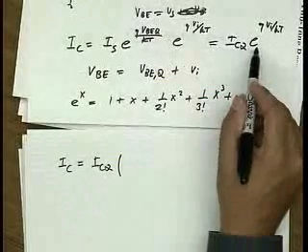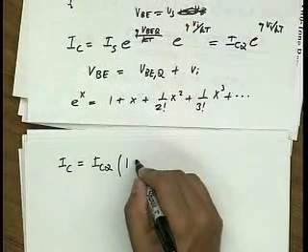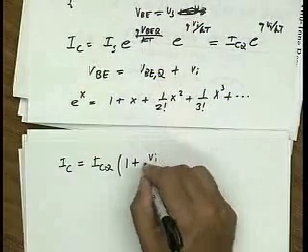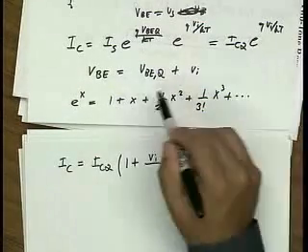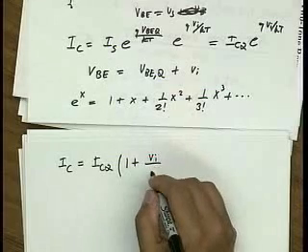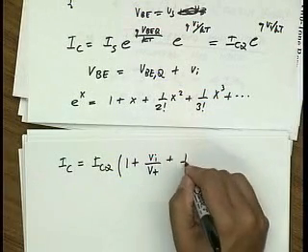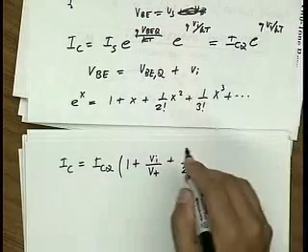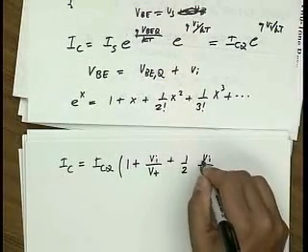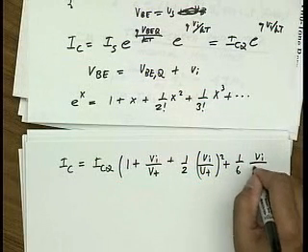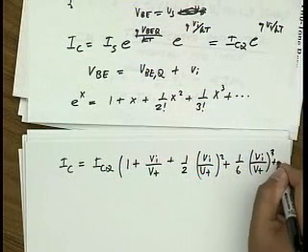And then I do a Taylor series expansion for this exponential. I get a DC term plus a linear term, which is V input normalized to VT, which is KT over Q, plus 1/2 (V input over VT) squared, plus 1/6 (V input over VT) cubed, and so on.